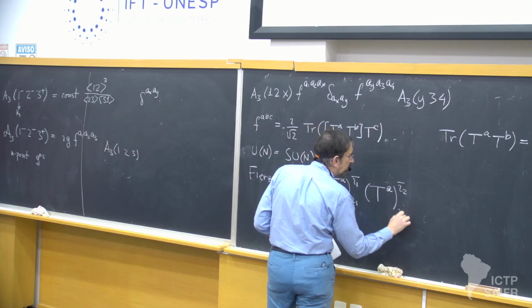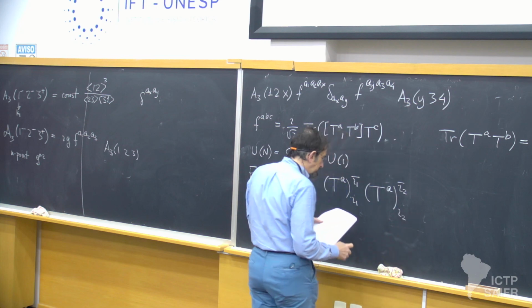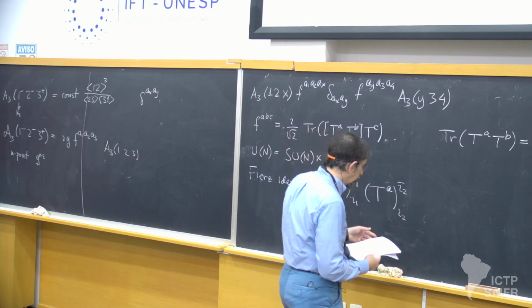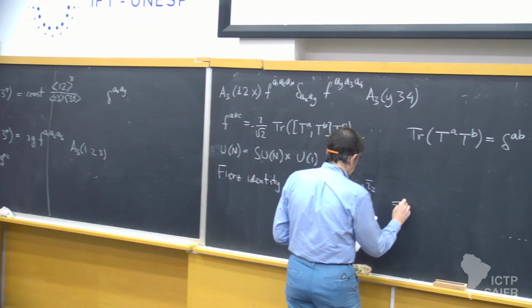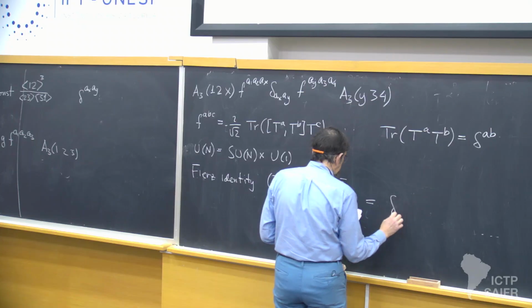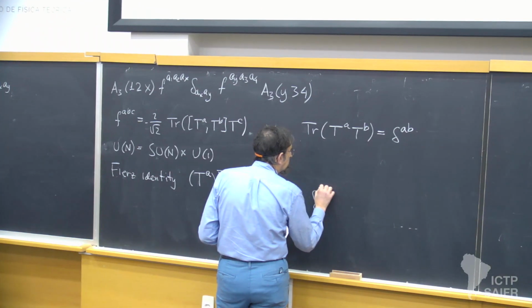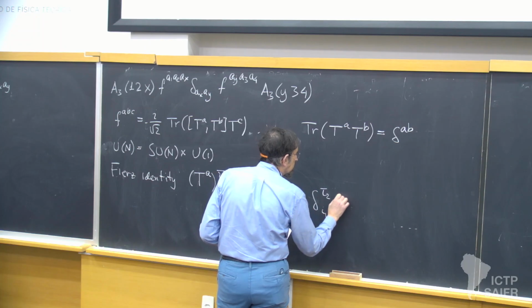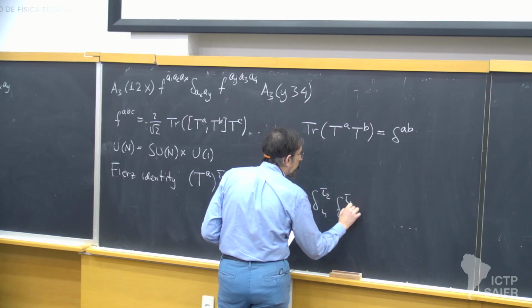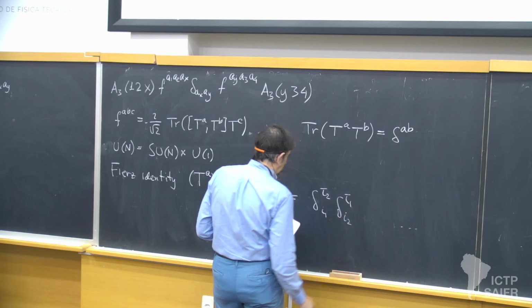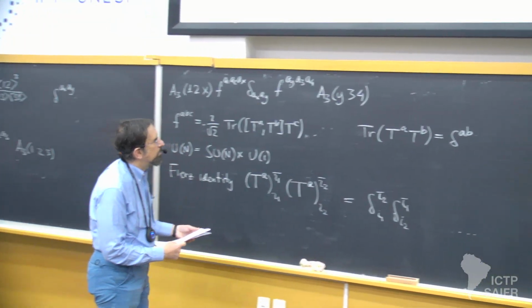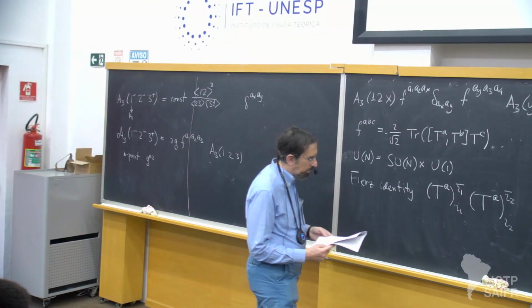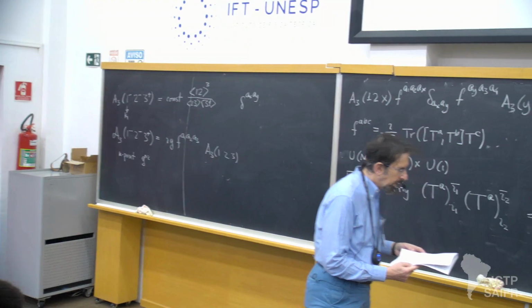So we have the first one indexed by 1 and the second one by 2. And so this thing is just going to be essentially just exchanging the indices. And in SU(N), there would be an extra term, which you can actually work out for yourselves.